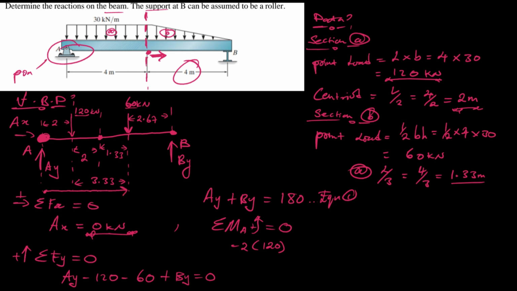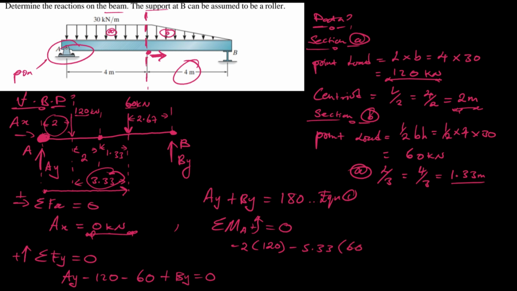So the span from A to that point, we just add this value 3.33 plus 2. So 3.33 plus 2 will give us 5.33. So since it's going in the opposite direction of our positive sense, it will be minus 5.33 times the magnitude of the force, which is 60.